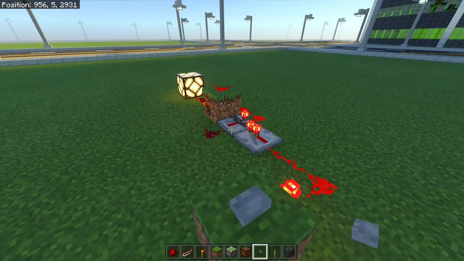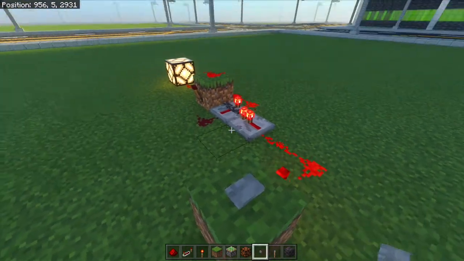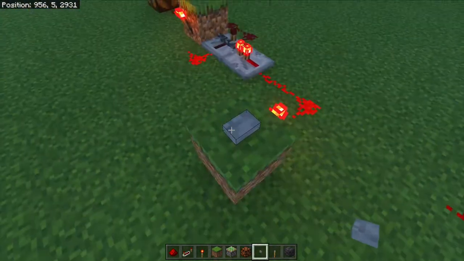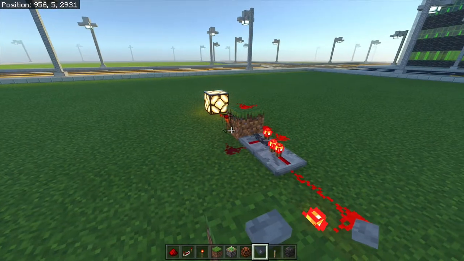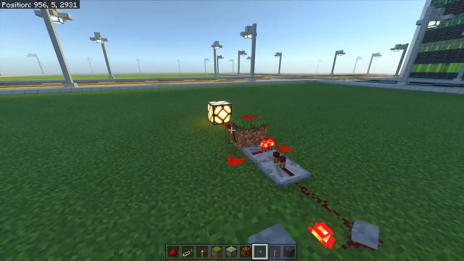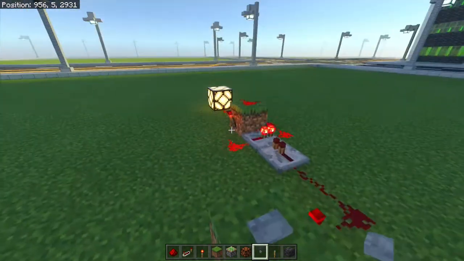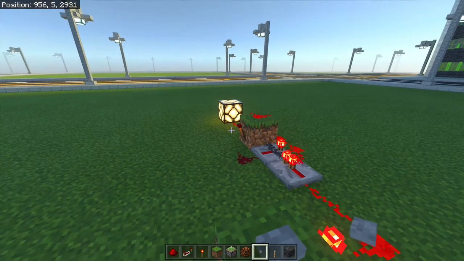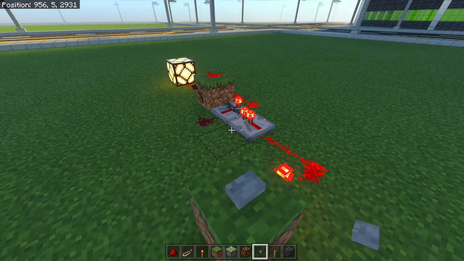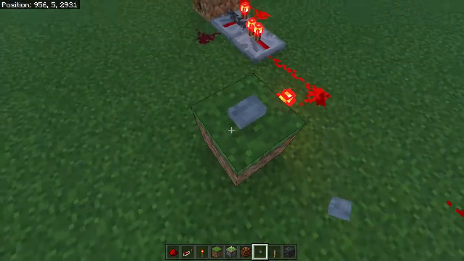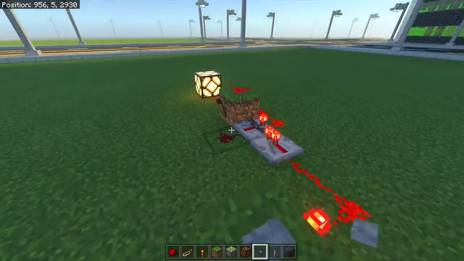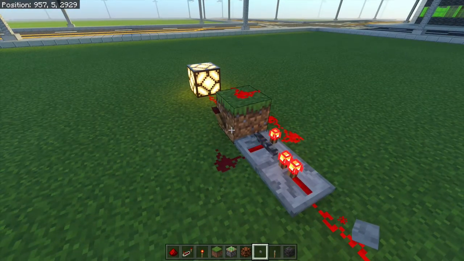It's a little inconsistent. You'll notice what happens here is that it blinks a few times, and then it ends on the opposite state that it used to be. So now it's off, now the torch is on, now the torch is off again. But it's sort of imperfect because it's flashing back and forth for a little bit before it settles on the new state.